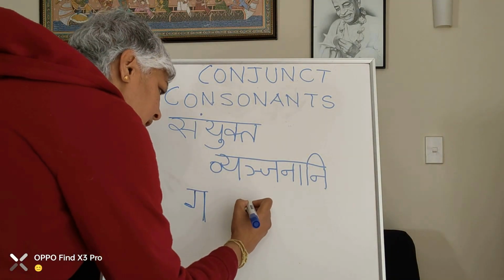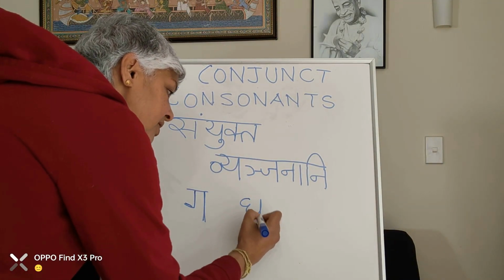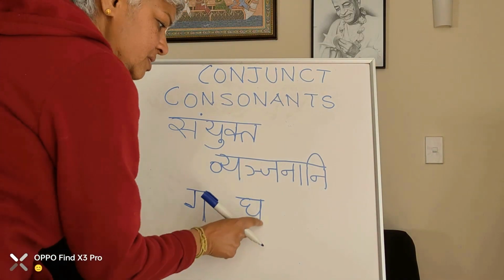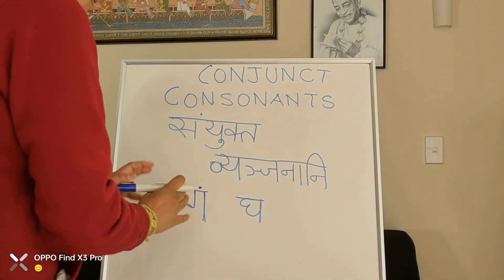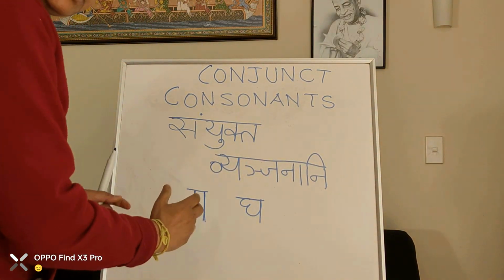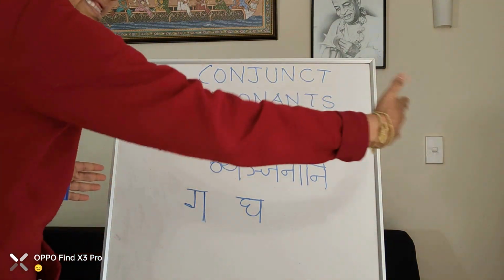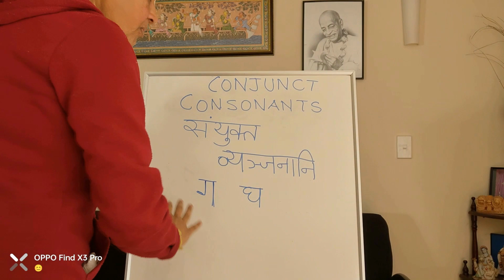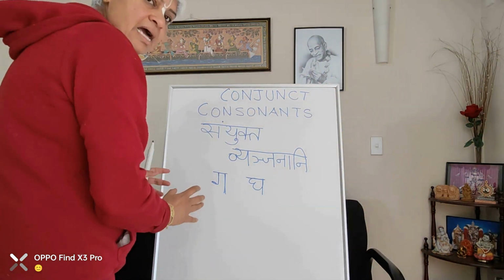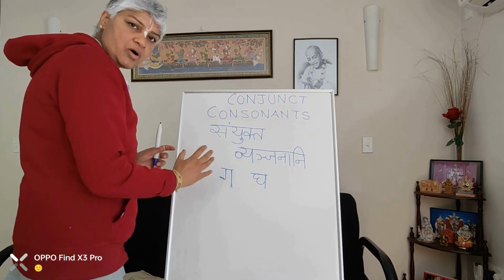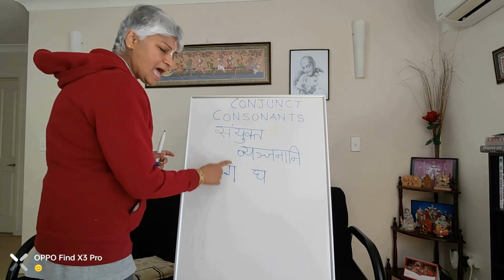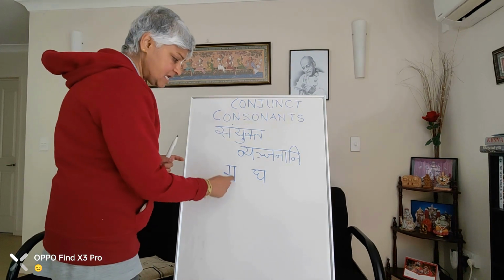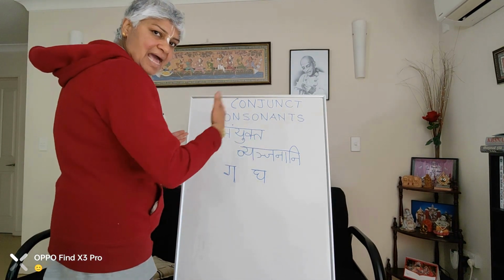Another, for instance, also ends in a line. So we're talking about those consonants which have a line at the right end of them. So we're going to now create a whole set of consonants where we will look at which are those consonants which have a line at the end.